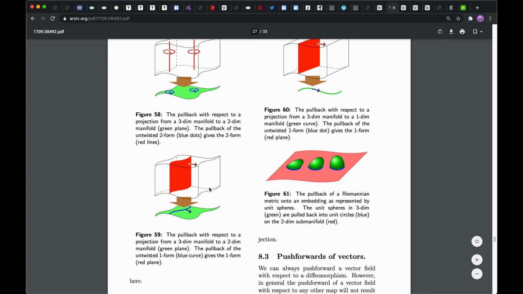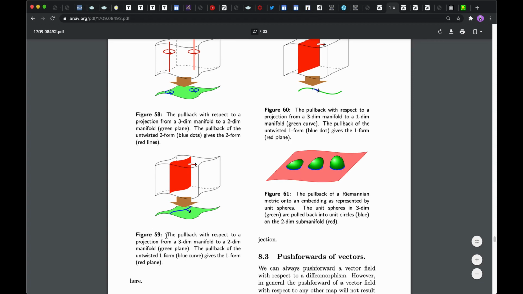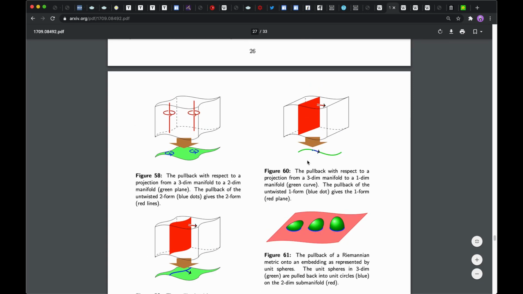And actually that's the same case depicted in figures 59 and 60 here. So basically you pull the line from a plane here to form the plane in 3 dimensions with orientation preservation, and here you pull the dot to the plane, and basically that's it.